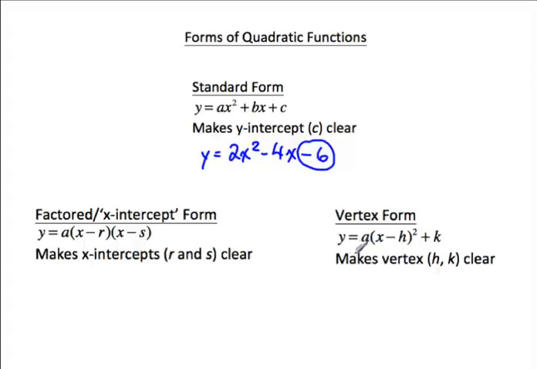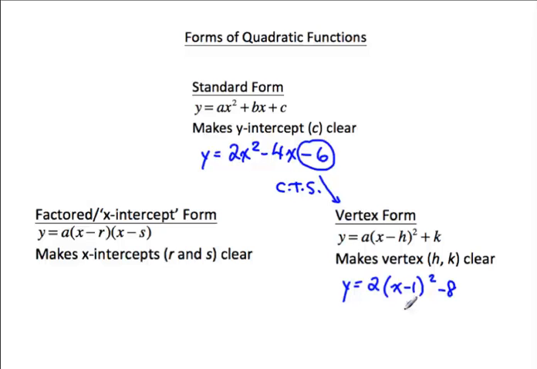We also looked at vertex form, which has this kind of form. As an example, if I took this parabola and completed the square, I could change the form of the function to vertex form, and I would get y is equal to 2 times (x minus 1) all squared minus 8. Same function, just written in a different form.